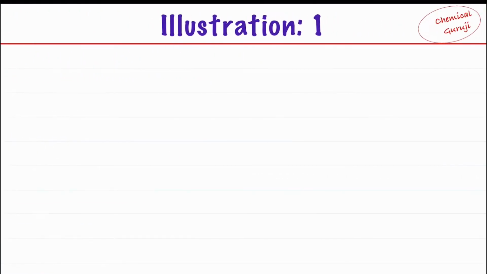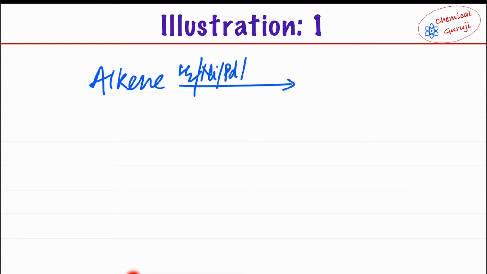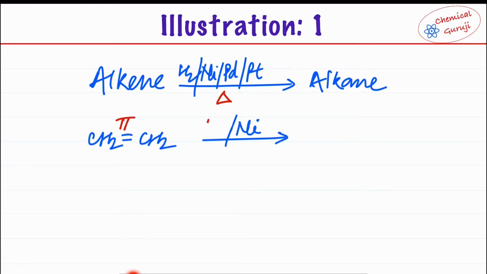Let's take a few examples. In this reaction, we know that alkenes and alkynes are getting reduced, and both will give the product as alkane. Complete hydrogenation. So this is the alkyne and this is ethyne, which will undergo reduction.